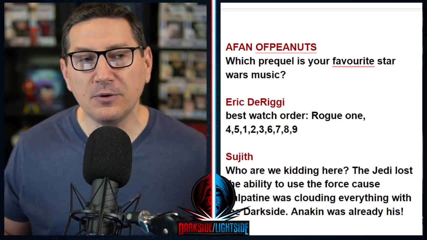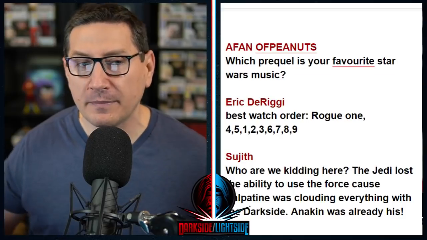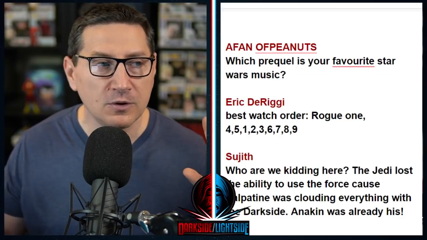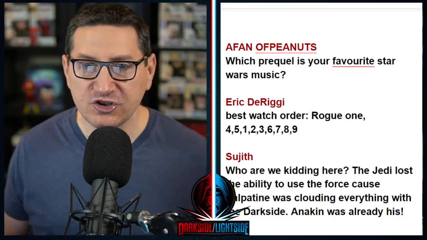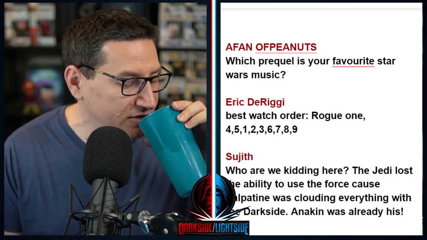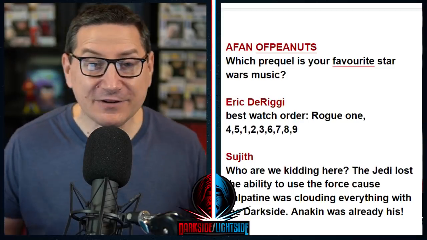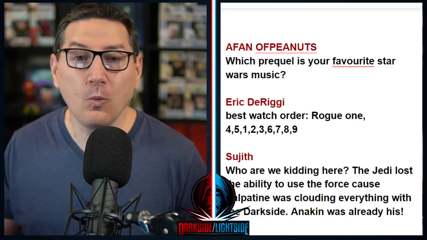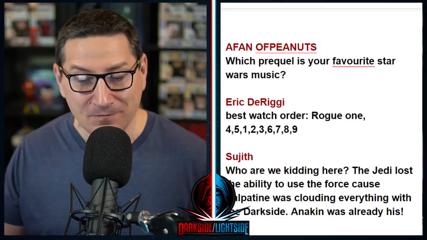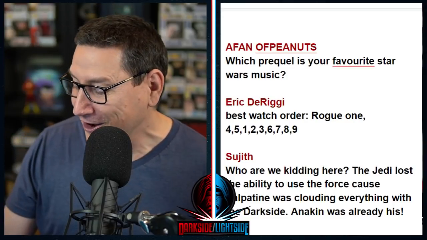People ask me all the time, saying, John, I've never watched Star Wars movies before, but I'm getting caught up in the fever, so which order do you suggest I watch these films in? I always go release order. That's the best thing to do. But hey, different people have different opinions, there's no one definitive right answer. So, hey, 4, 5, 1, 2, 3, 6, 7, 8, 9. Why not?